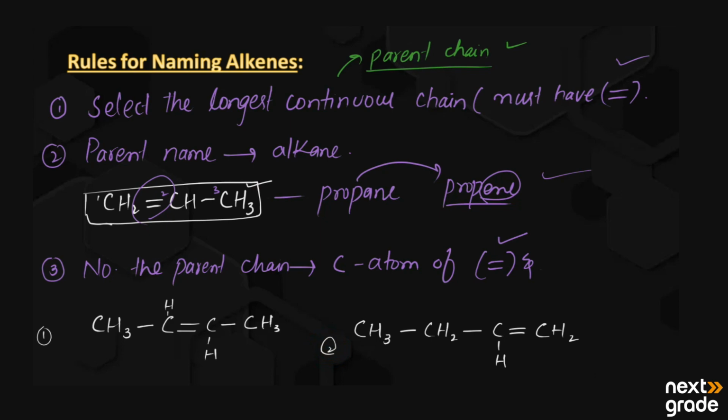Now we need to start the numbering. We must start the numbering where the double bond carbon atoms will have the lowest number. If I start from this end, 1, 2, 3 and 4, this carbon is going to get number 2. And if I start from the other end, 1, 2, 3 and 4, here this carbon has number 1. So we must start the numbering from the end that gives the double bond the lowest number. So this is the third rule.